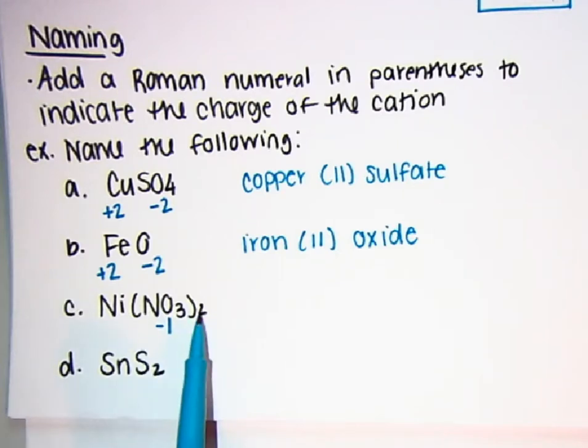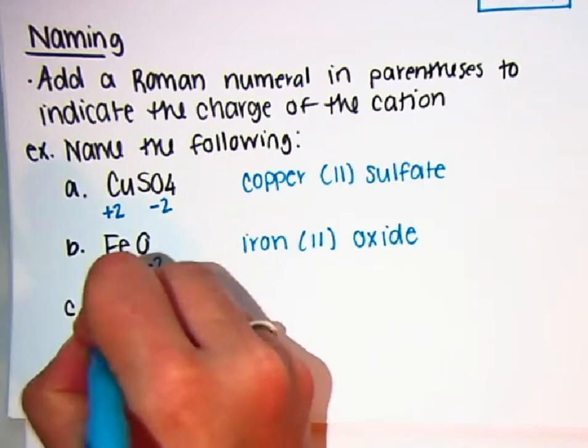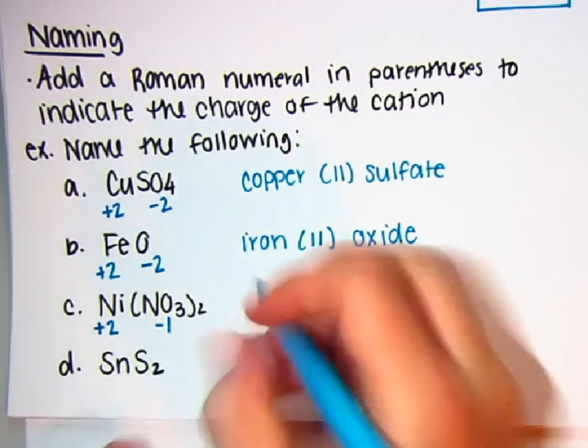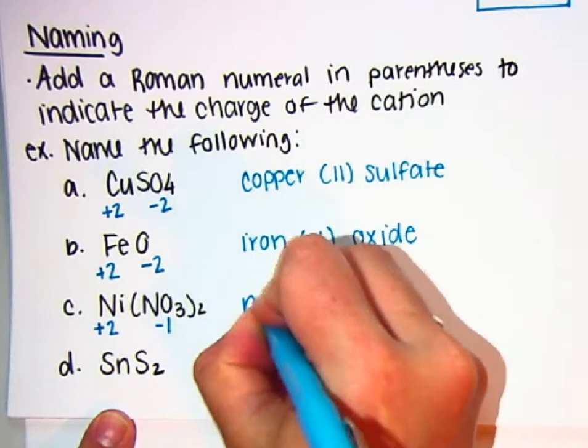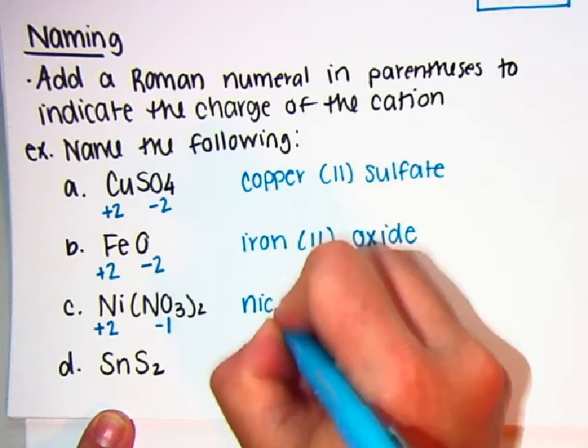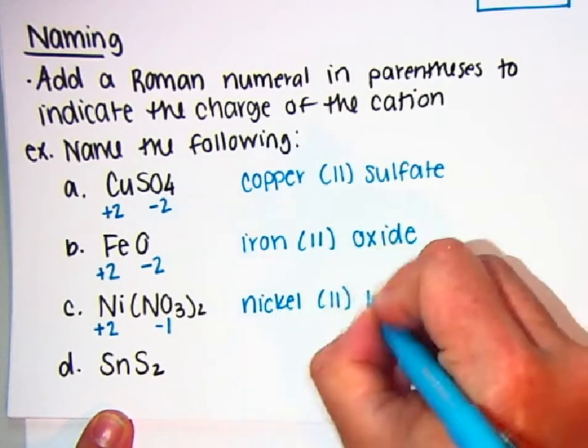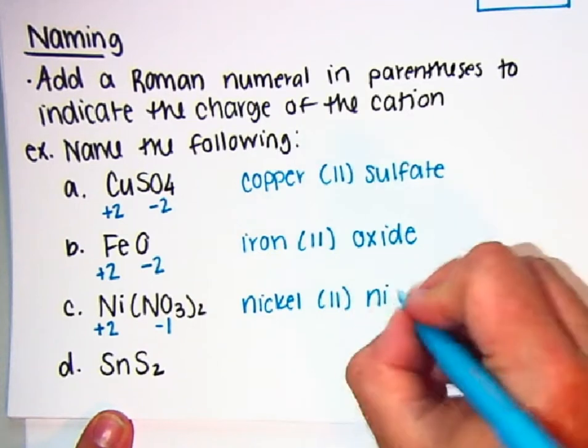If I have 2 nitrate ions, each with a charge of -1, we can think of that like a -2. So nickel would have to be +2 in order to cancel that charge out. So this would be nickel(II) nitrate.